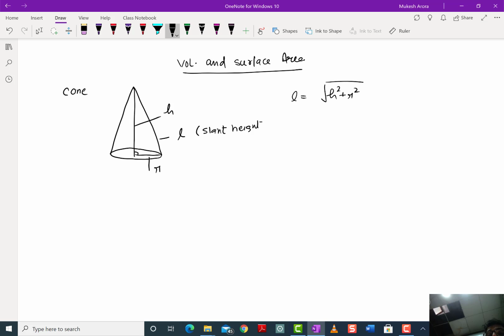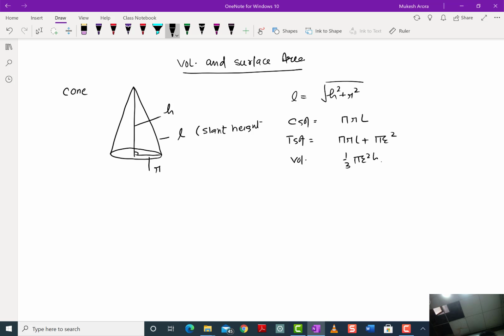Curved surface area is pi r L. Total surface area is curved surface area plus area of base. The base is circular, pi r square, and the volume is 1 by 3 pi r square h.